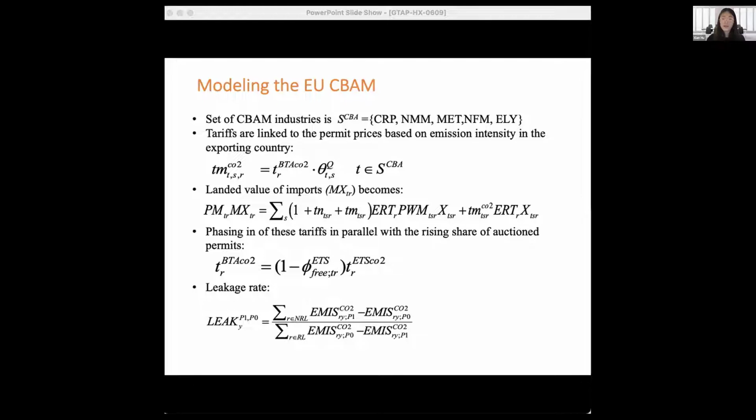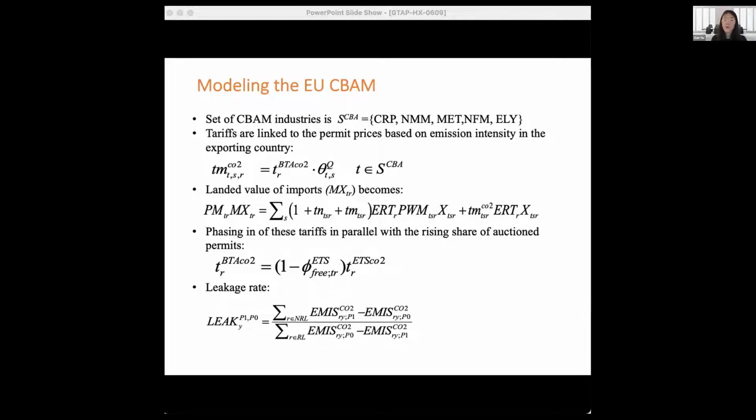The EC also discussed the phasing in of this tariff in parallel with the rising share of auction permits. We thus set the bottom carbon price equal to the permit price multiplied by the auction share.